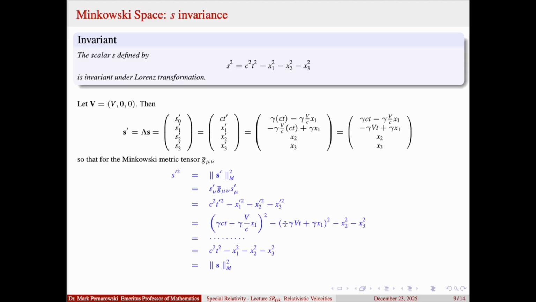There's also an X prime, which is what X prime is with respect to T and X1. I can expand this whole thing out and cancel things, and you get this expression, which is, by definition, the length in the Minkowski sense squared. So this is S squared equals S prime squared. Proof, period.